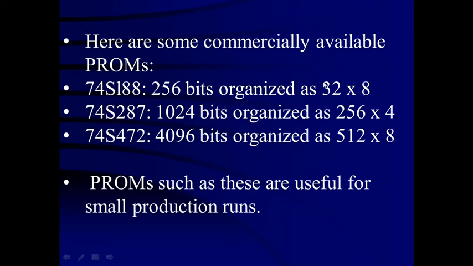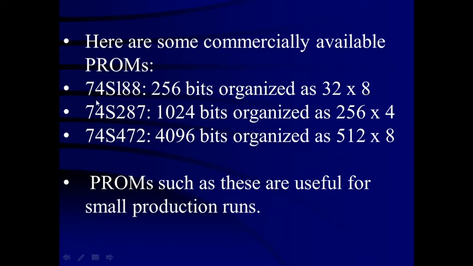What is the meaning of this? 32 words can be stored, and each word has a length of 8 bits, or 32 bytes are going to be stored here, and this multiplication comes out to be 256. That's why this IC is said to be 256 bits organized as 32 words, and the word length of each word is 8 bits.